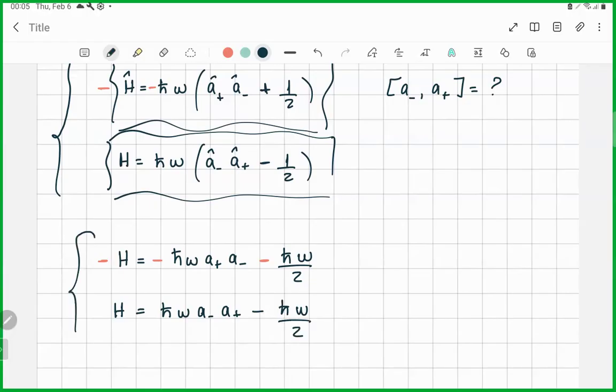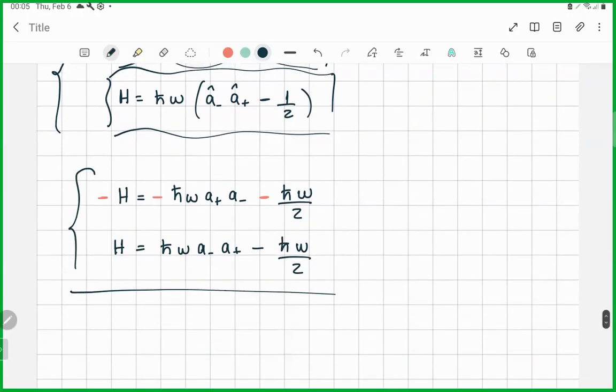I'm going to add these two. If we add these two, this cancels, right? This becomes 0. And then what we have for the next terms, careful, operators very often do not commute, so I cannot cancel these two. What I'm going to write here, h bar omega with a minus a plus, and that's minus sign here, minus a plus a minus. Good.